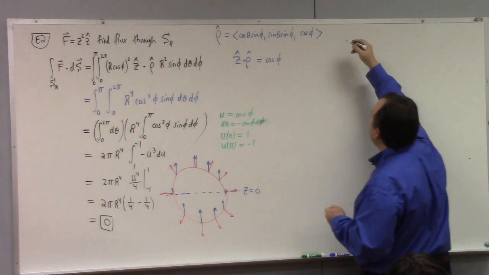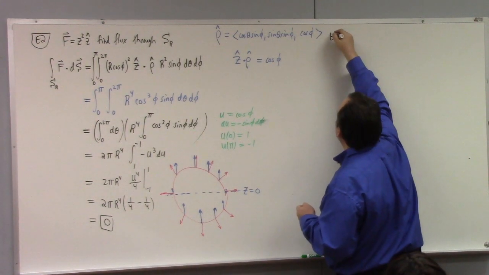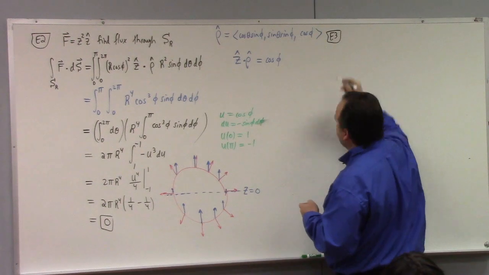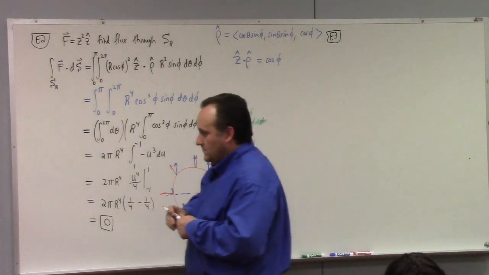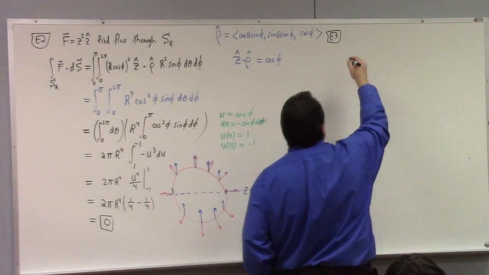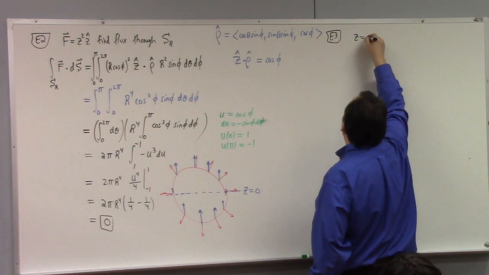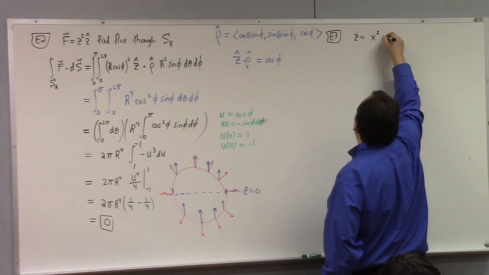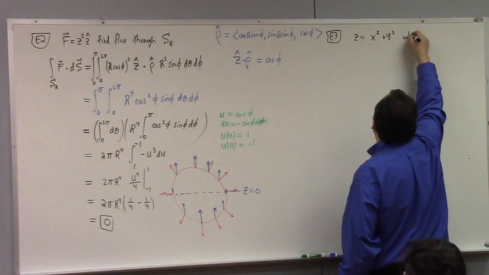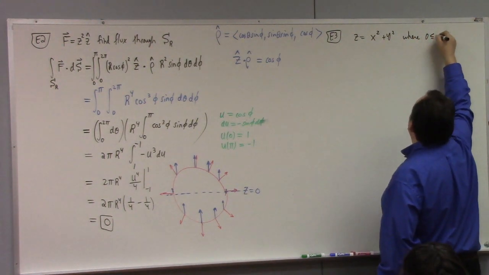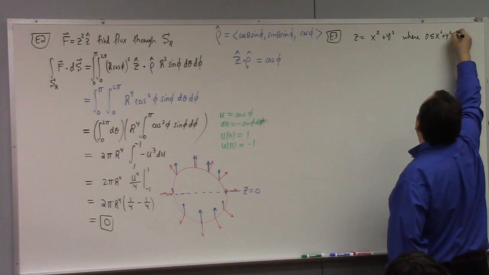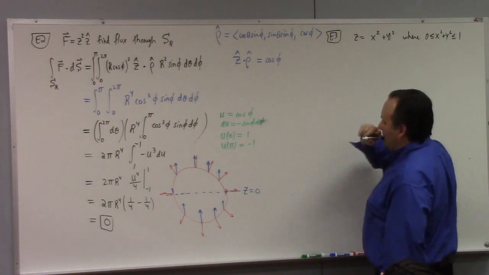So for example 3, let me do another one here. This one I'll do something rather different. We'll let z equal x squared plus y squared, where 0 is less than or equal to x squared plus y squared, less than or equal to 1, all right?